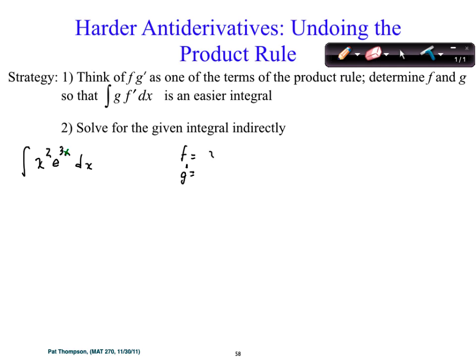So maybe for that reason we should choose x squared here for f, because taking the derivative makes it simpler. So that's just a kind of conjecture, and let's go with it. And then g prime is e to the 3x. So now I have a little antiderivative to do here. What's the antiderivative of e to the 3x? 1/3 e to the 3x.